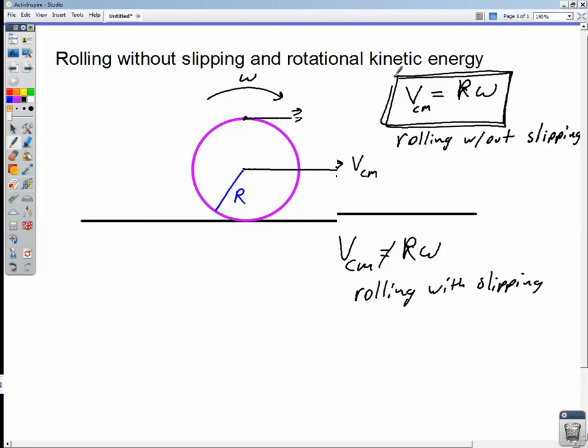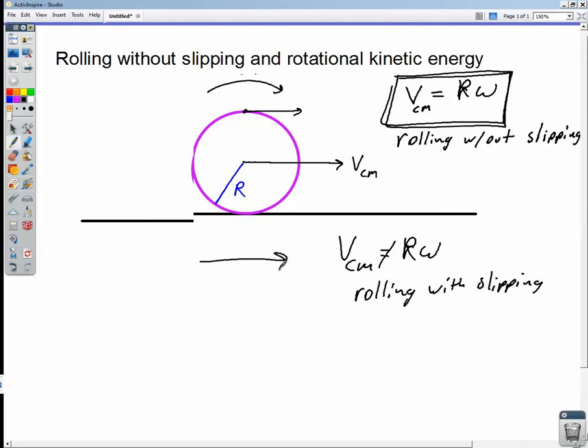All right, now what that leads to is some interesting effects in terms of energy. This wheel is traveling from left to right, so it has a translational velocity. So we can talk about the translational kinetic energy of the wheel. And we've already used translational kinetic energy. It's 1/2 mv squared. But the wheel is also rolling.